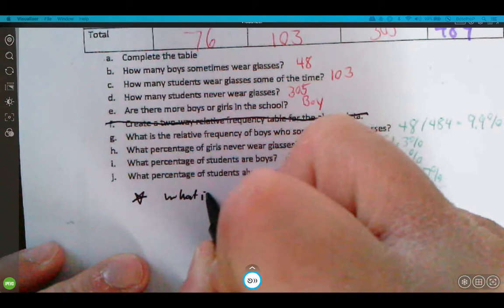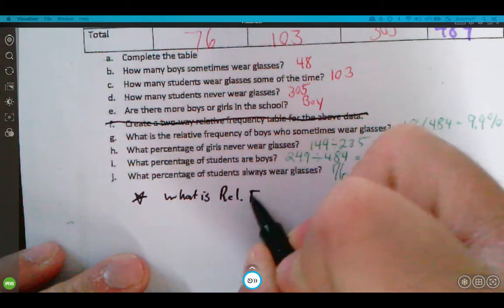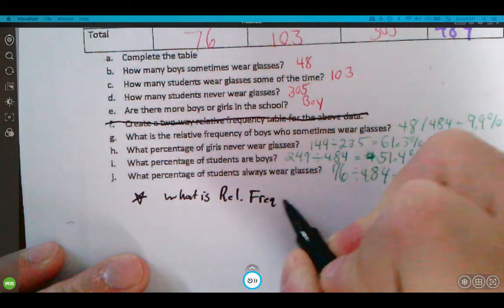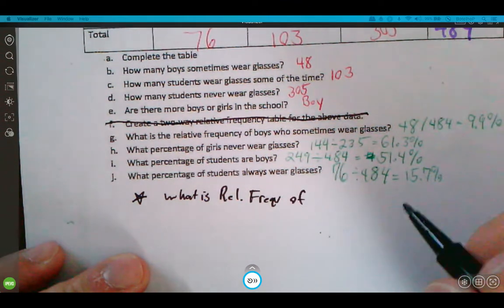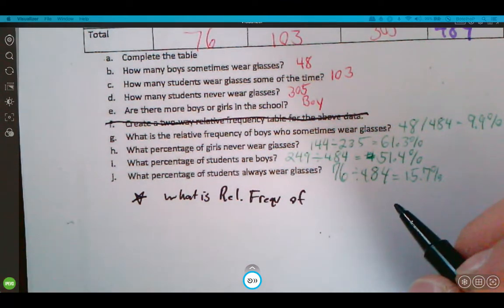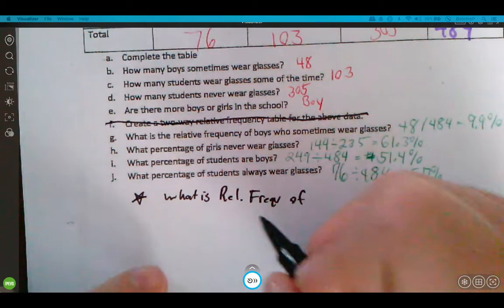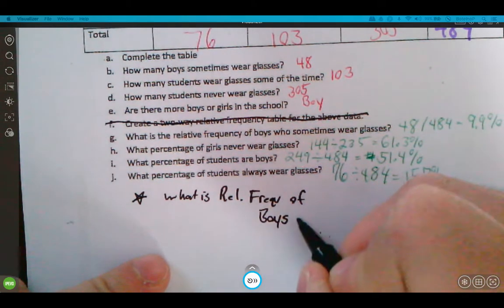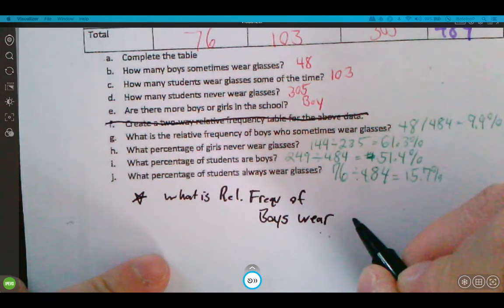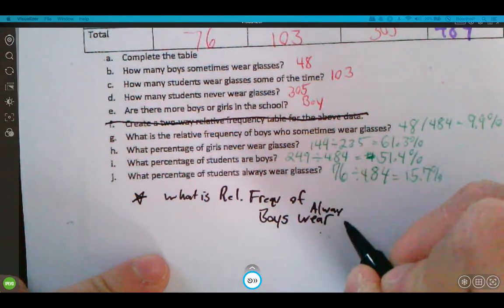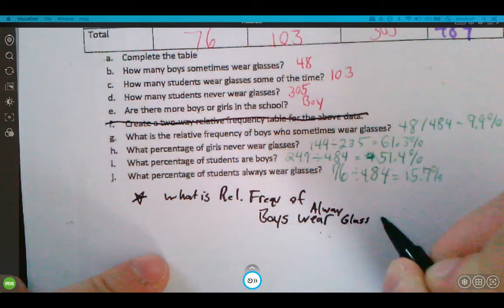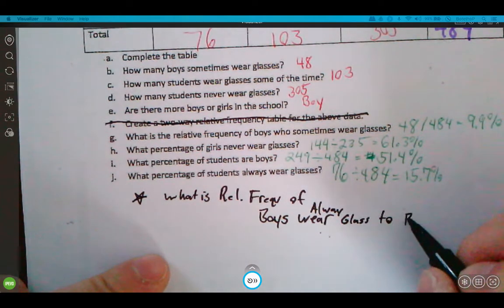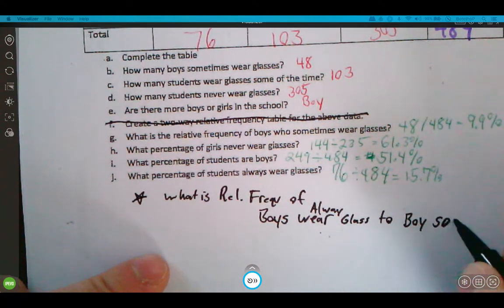What is the relative frequency of, let's be specific here, boys who always wear glasses to boys who sometimes wear glasses.